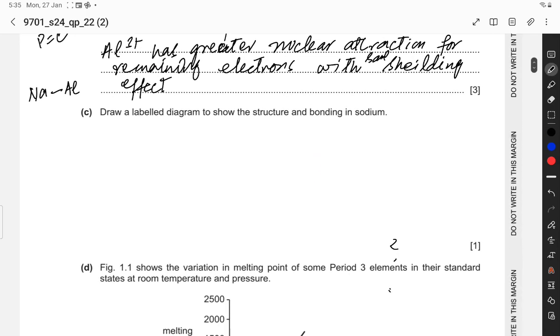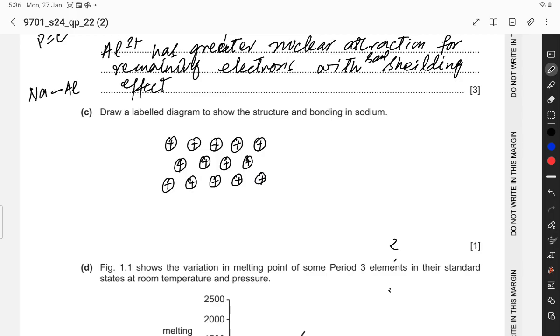Draw a labelled diagram to show the structure and bonding in sodium. This is how to draw the metallic bond of sodium. Electrons are delocalized in sodium. Here is the electron.